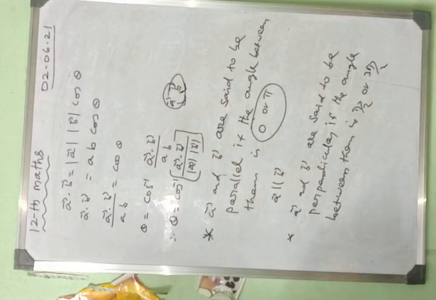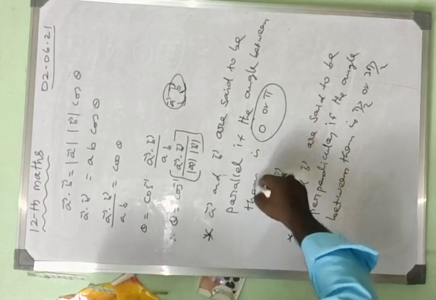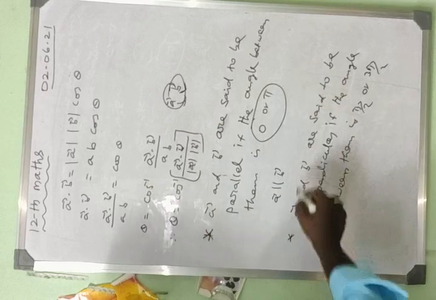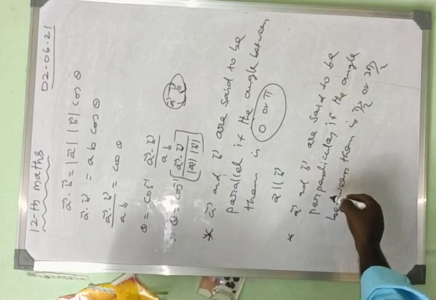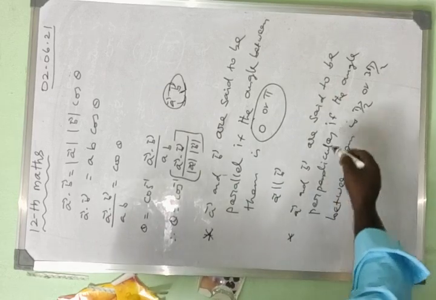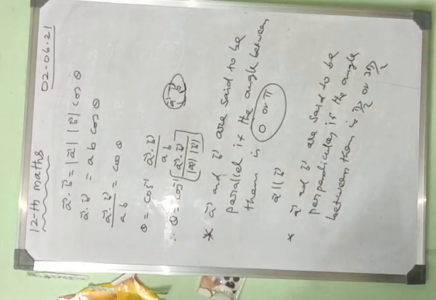Very important results, both of them. A and B parallel means the angle between them is 0 or pi. If any two vectors are perpendicular, the angle between them is pi by 2 or 3 pi by 2.